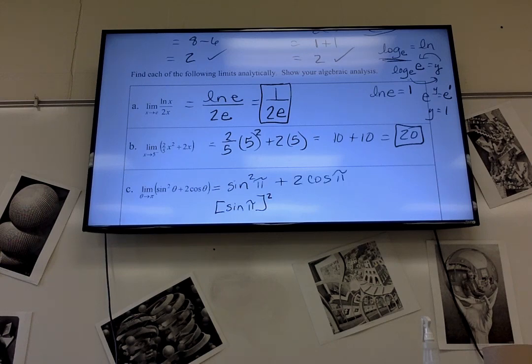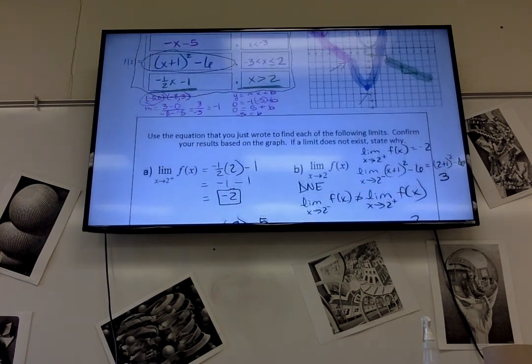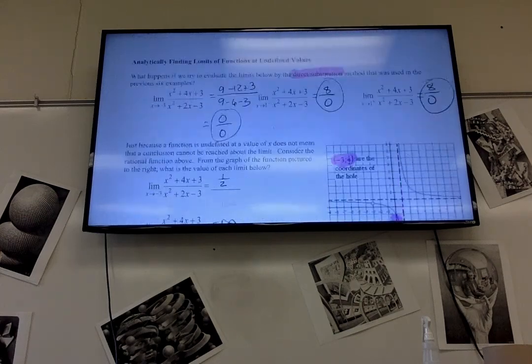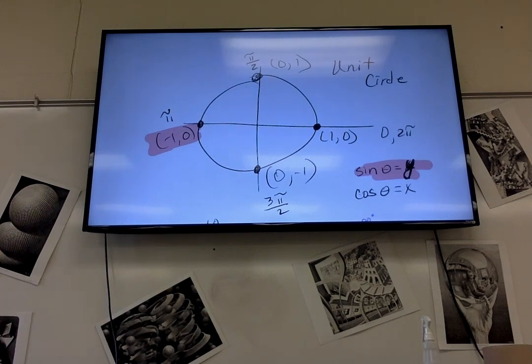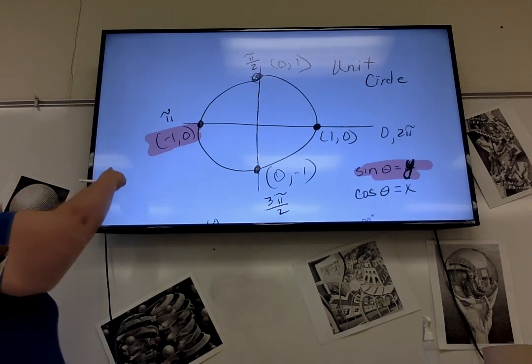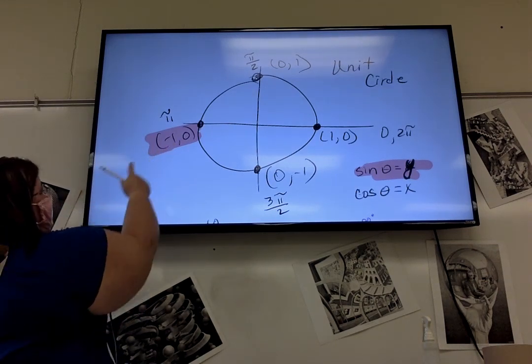How do you find the sine and the cosine of pi? The unit circle. We drew one earlier. Here it is. I even have it highlighted here because evidently we were using pi before. So, which one is sine? The y coordinate.